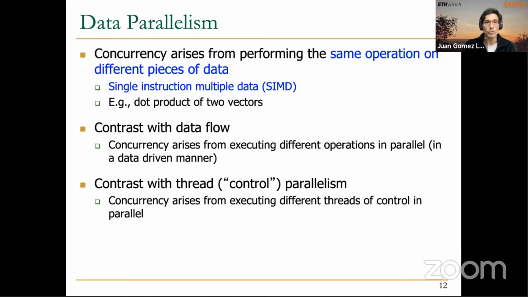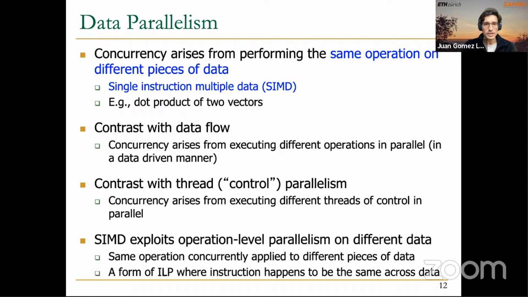If you think about a multi-core machine, there you will have multiple execution threads running on the cores, and each of the threads can be executing a completely different program and operating on completely different data. SIMD exploits operation level parallelism on different data. So this is a way of exploiting instruction level parallelism, but the instruction is the same for all the execution units and all the data elements.